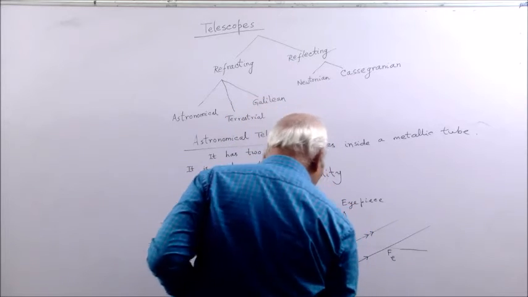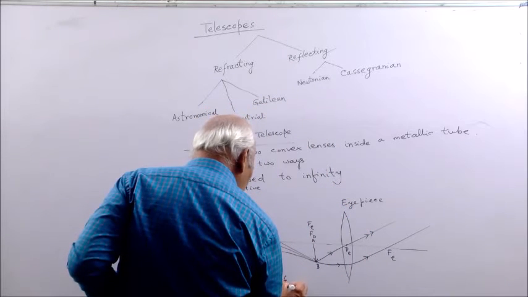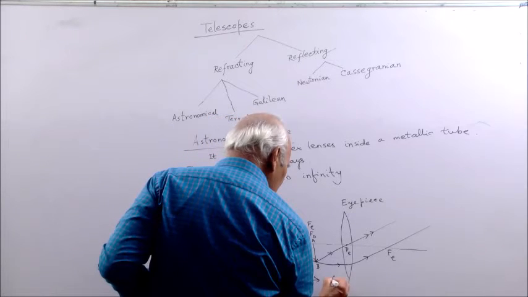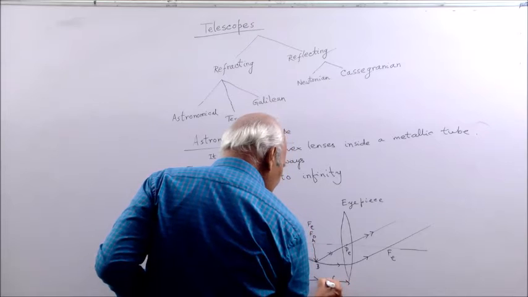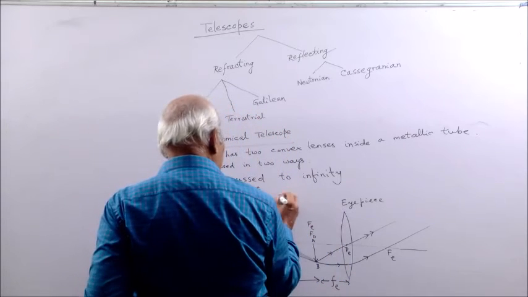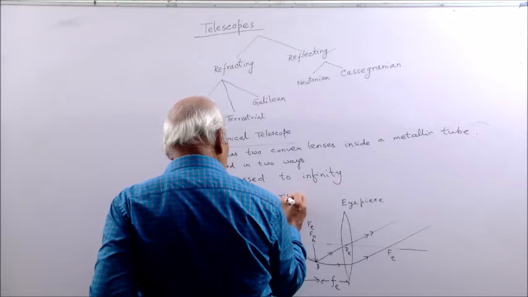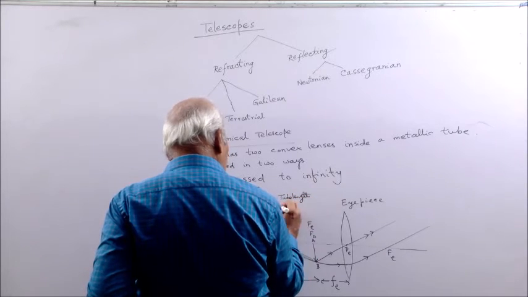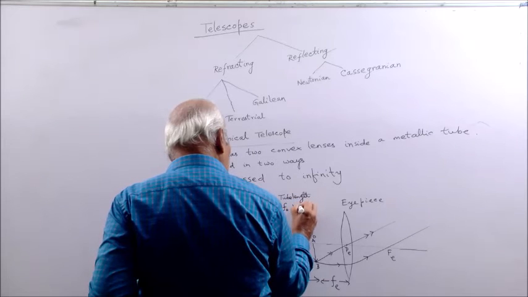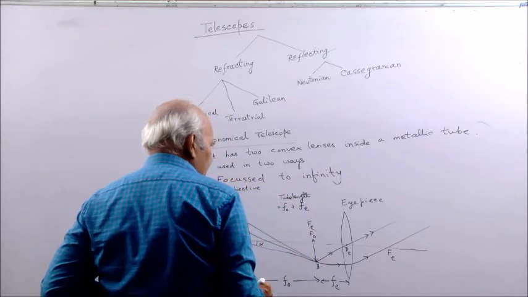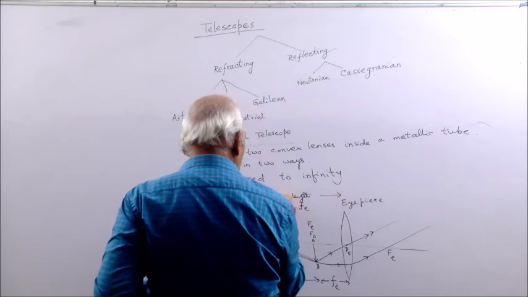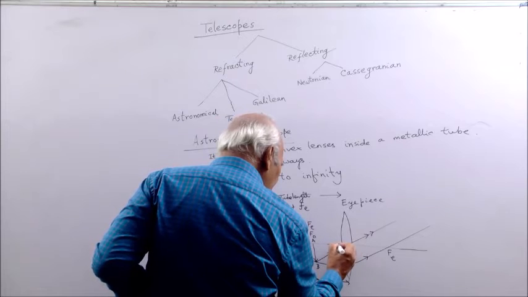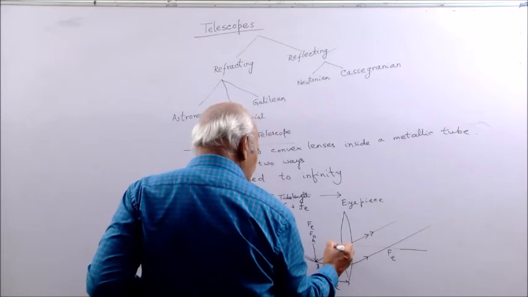Then this is the focal length for the objective, and this is the focal length for the eyepiece, and these two coincide, and this is the tube length. Tube length is FO plus FE. In this case, tube length is from objective to eyepiece, and the angle made by this one is beta.